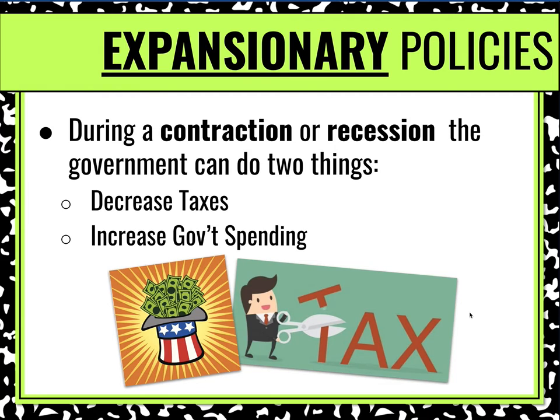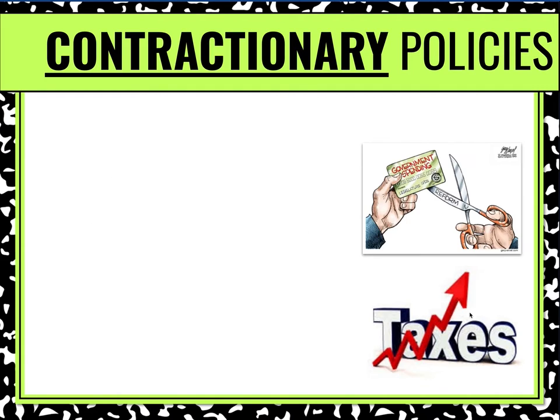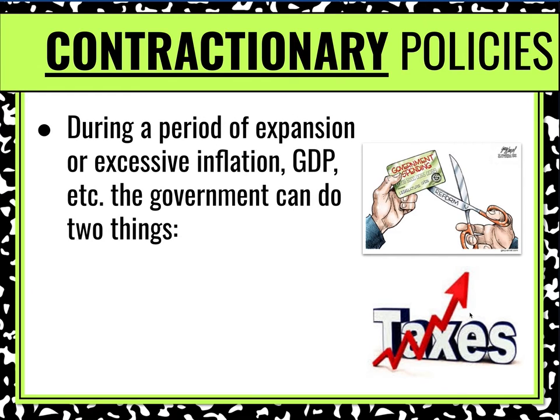The nice thing about fiscal policy is once you know the expansionary policies, you also know the contractionary policies because they're the exact opposite. So a contractionary fiscal policy is going to be used during a time of expansion or excessive inflation. It's basically when the economy is too hot and we want to cool it down. And again, that seems odd because why would we want to cool down an economy?